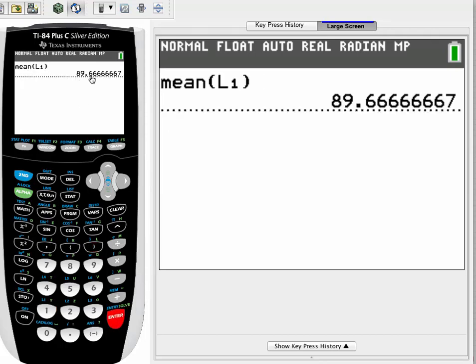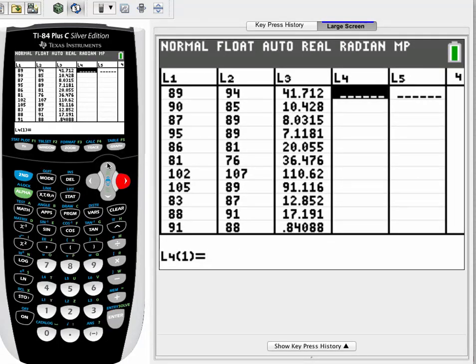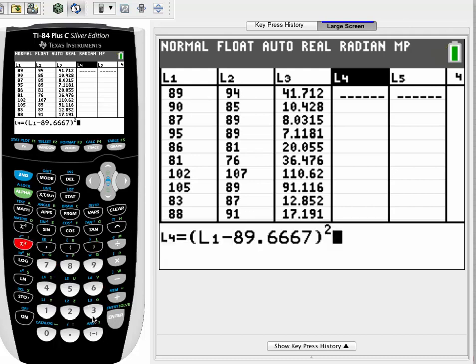That's 89.6 repeating. Now I'm going to go back to my lists, and in L4, each one's going to be my x value minus this mean x, squared.